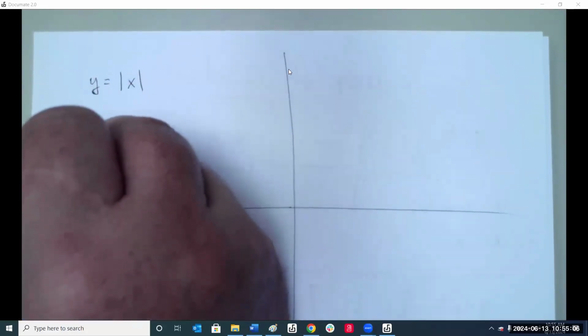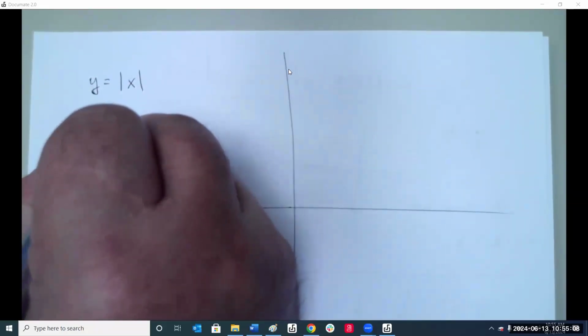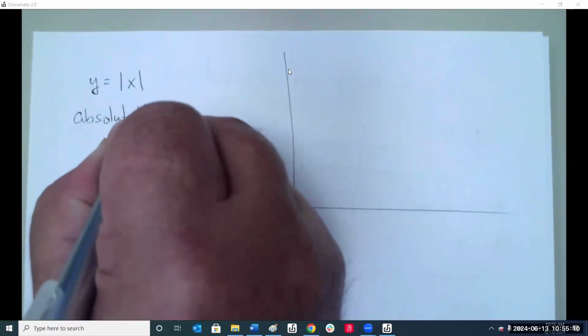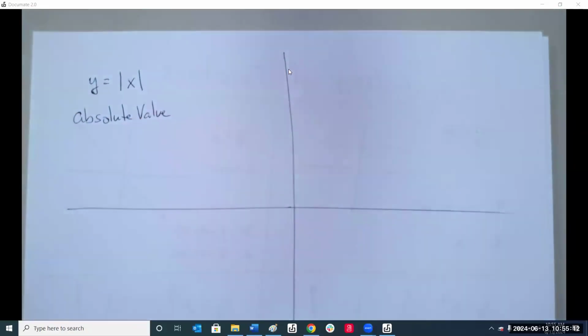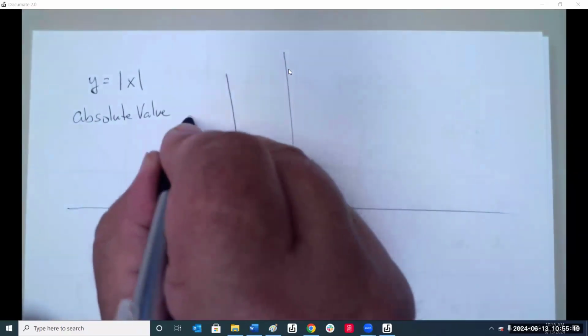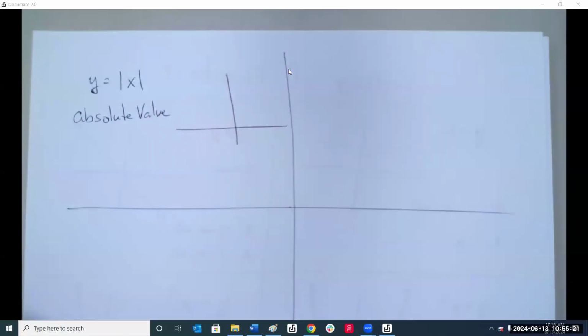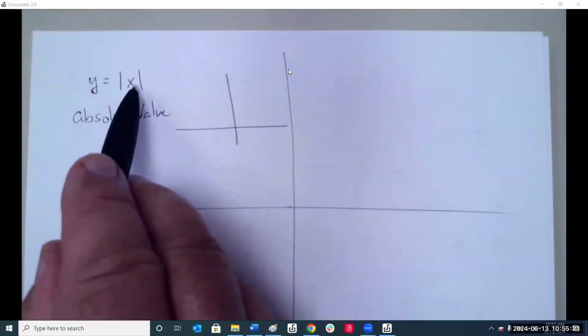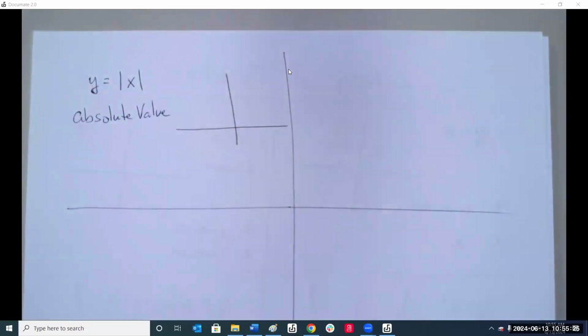How about the absolute value function? The absolute value tells us it can never be negative.